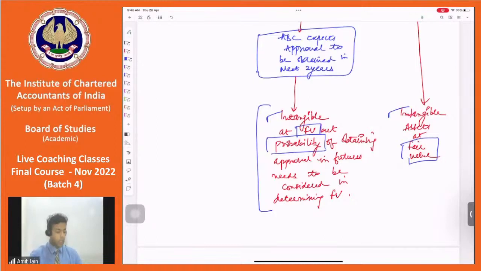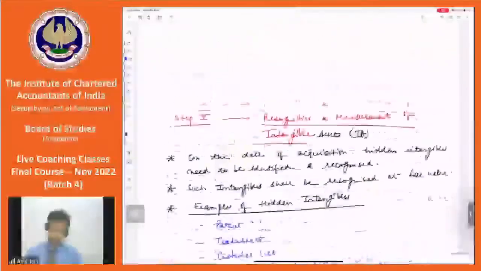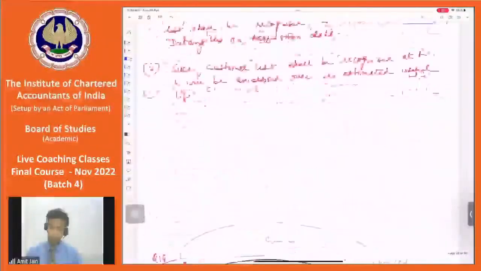Any doubt, guys, in respect of business combination accounting on intangibles, hidden intangibles, acquisition of asset, or any other doubt in the past? Should we move on, guys? Okay, this is step number 5, right?